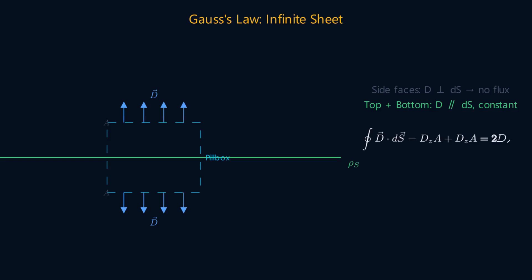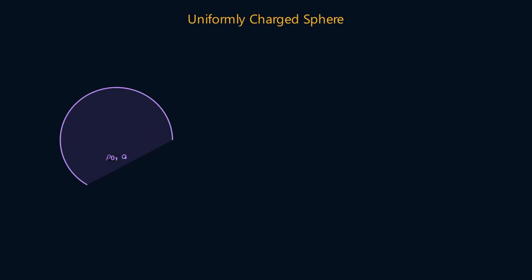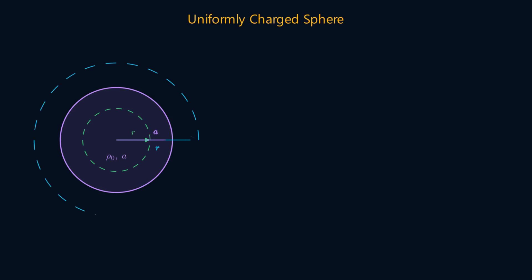If each face has area A, the total flux is Dz times A plus Dz times A equals 2 Dz A. The enclosed charge is rho s times A. So Dz equals rho s over 2, and D equals rho s over 2 in the a n direction. One line of algebra.